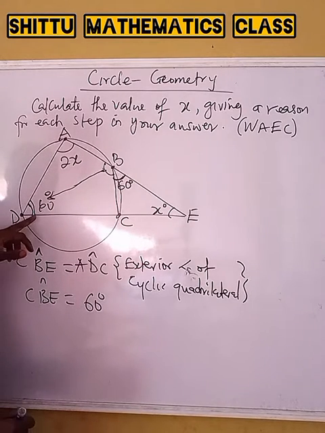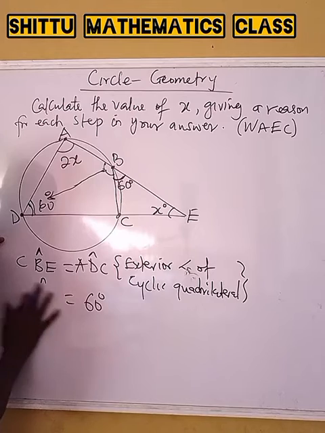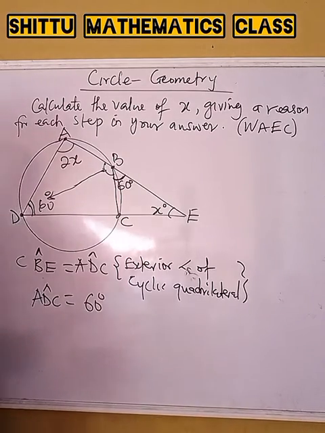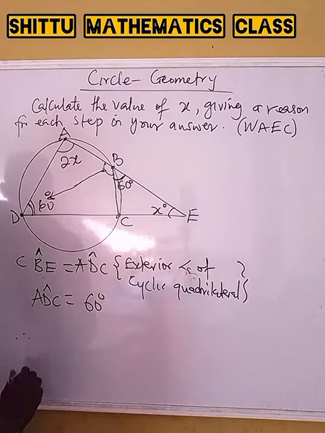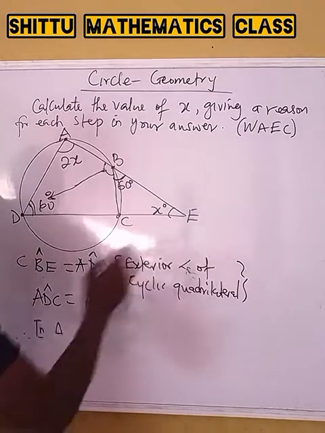Now CBE is 60 degrees, which is the same thing as ADC. So ADC is 60 degrees. Since ADC is 60 degrees, the next thing we are going to do is look at triangle ADE.